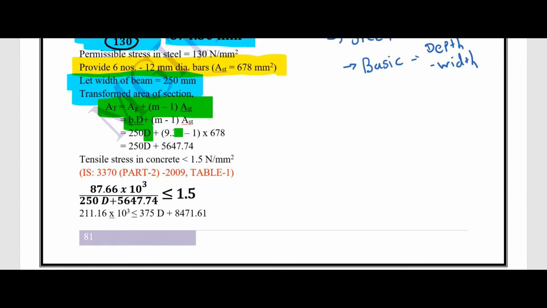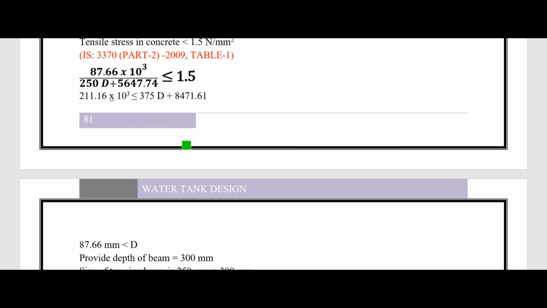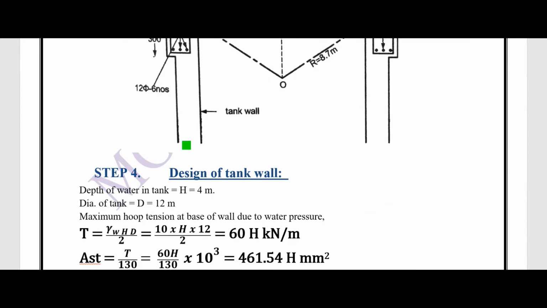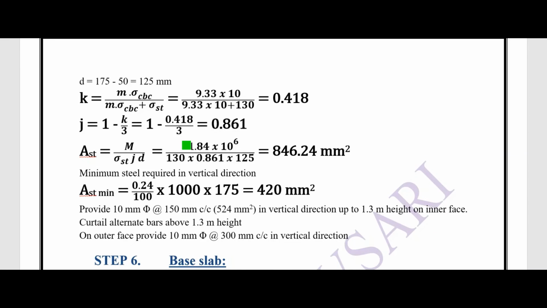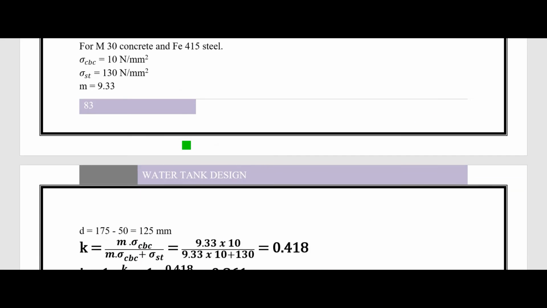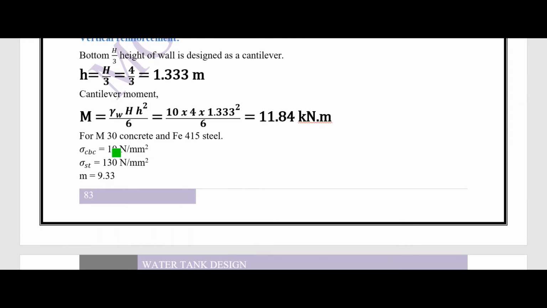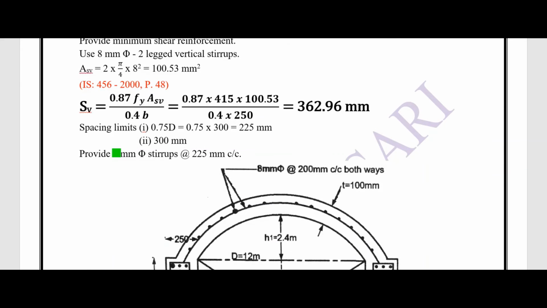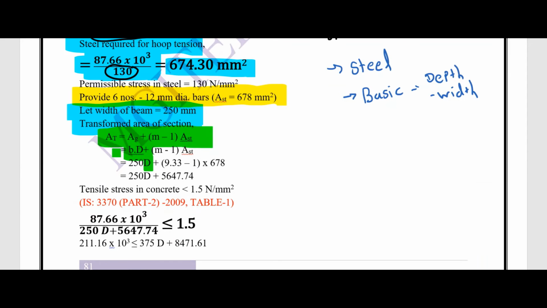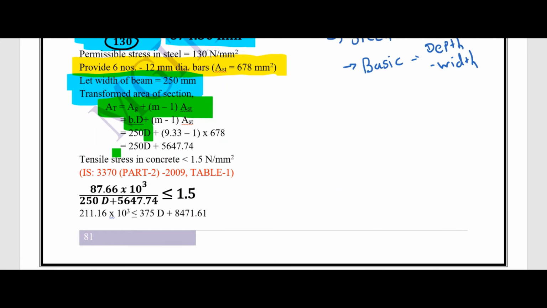We know how to calculate it; this is the constant equation. M is equal to 9.33. We discussed this equation in previous lectures.